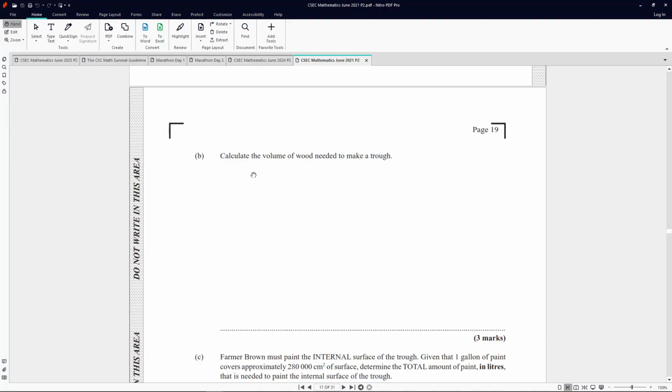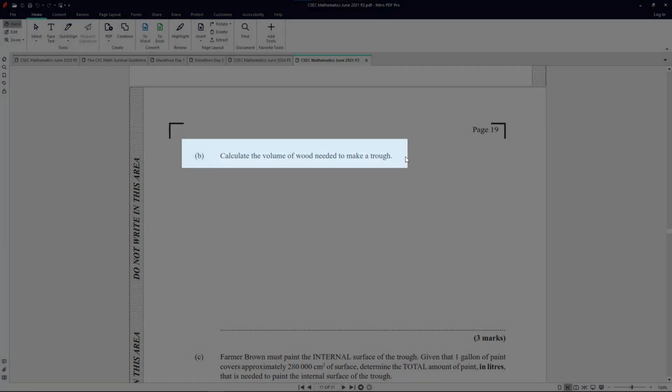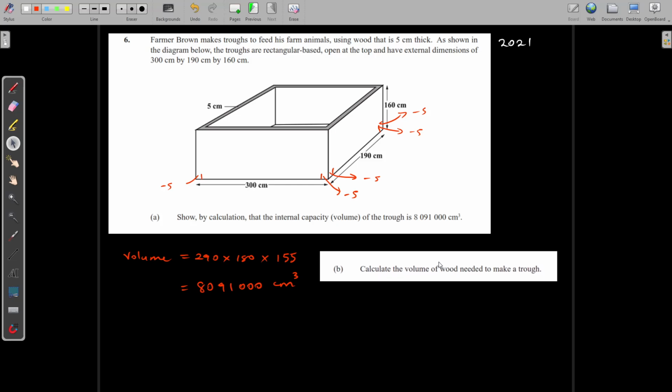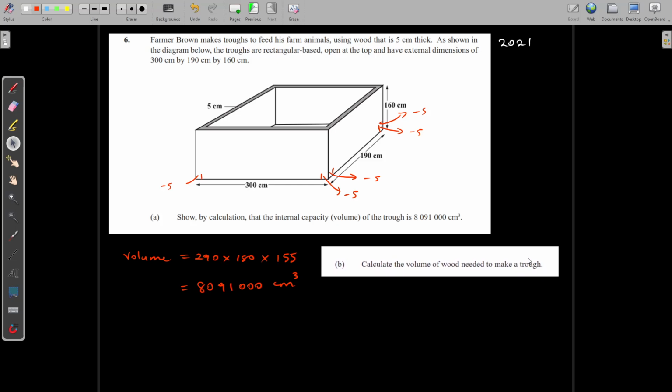Calculate the volume of wood needed to make the trough.